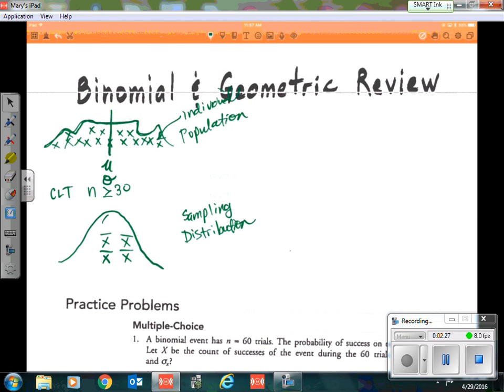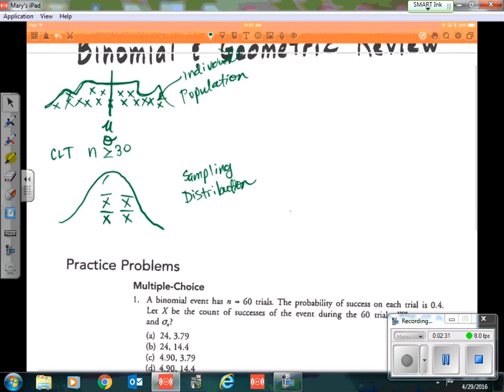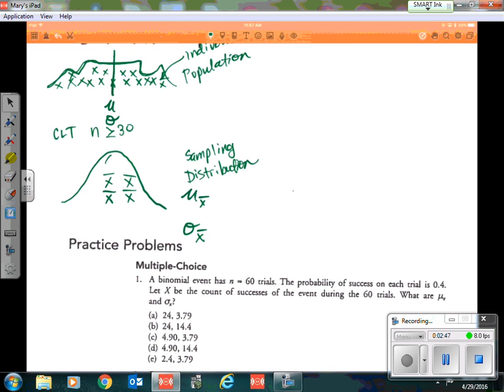Now we also need to talk about what the mean of the sampling distribution will be, and what the standard deviation of the sampling distribution will be. We already said up top, the mean is this mu of the population with a standard deviation of sigma.